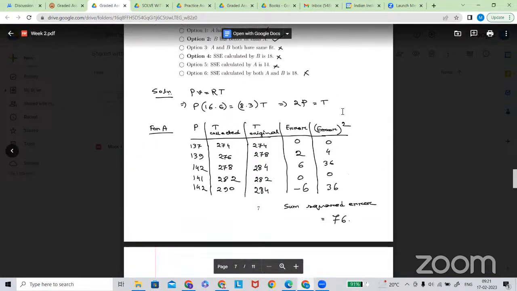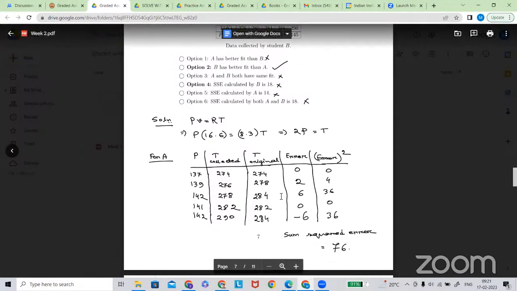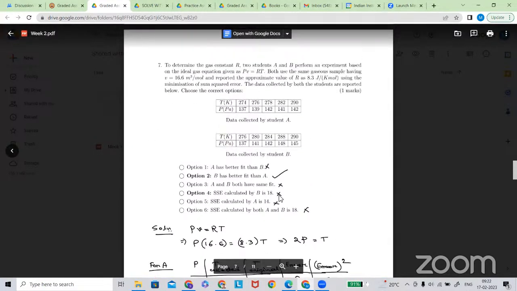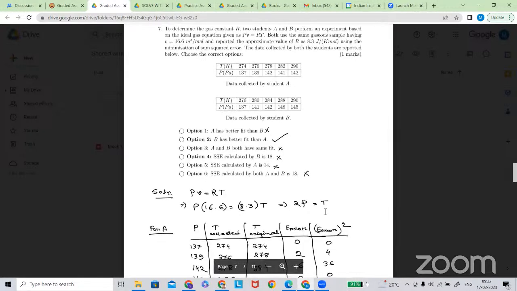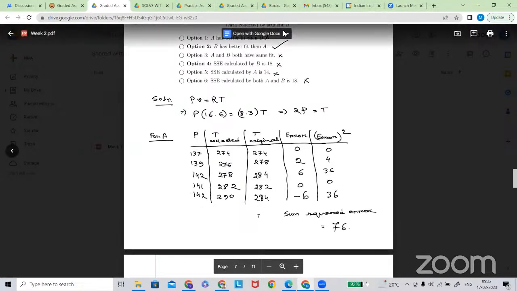But if we calculate p minus t by 2 with the t by 2, then you will get 18 as the answer. That would be correct. But because of this, it became kind of ambiguous, because some other students said that while calculating this, they are getting this one also. Okay, sir.